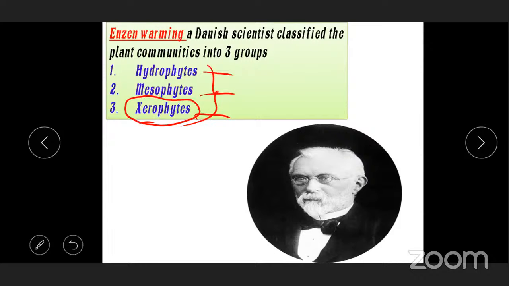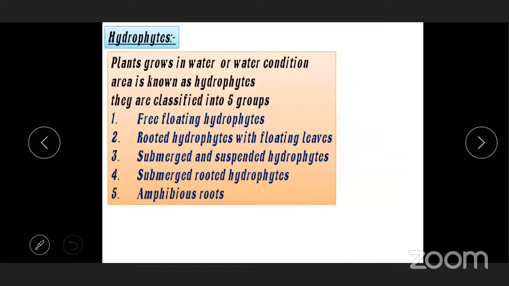According to Eugene Warming, there are 3 plant communities: hydrophytes, mesophytes, xerophytes. Let us discuss what a hydrophyte is, how many types, and the morphological and anatomical characters. First we will discuss hydrophytes.